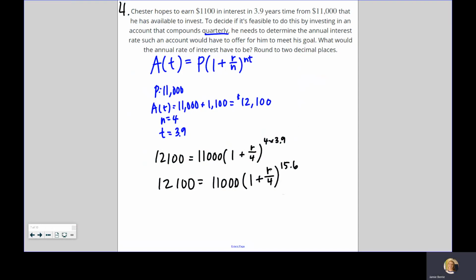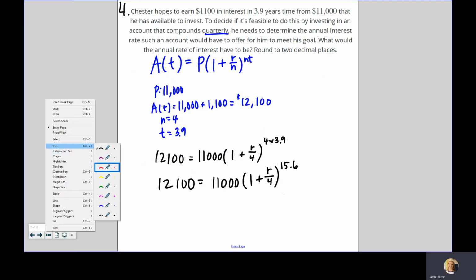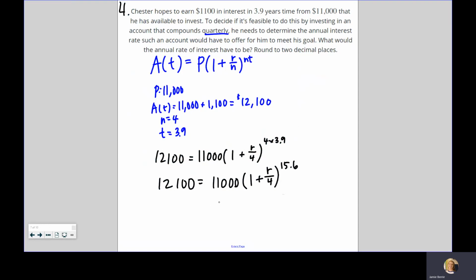We need to figure out how to get R by itself. The first thing standing in our way is this coefficient out front. So let's divide both sides by that coefficient because right now we're multiplying by 11,000. So divide both sides by 11,000.